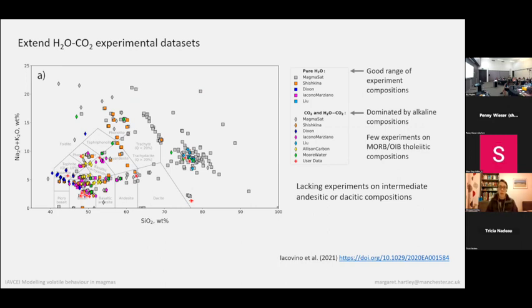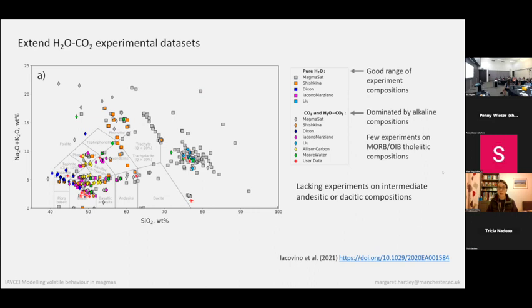For CO2 and for mixed water-CO2 fluids, if you're working in basalt space, you're very well served if you're working on alkaline compositions, but there are rather fewer experiments on MORB and OIB tholeiitic compositions. The closer that the experimental model matches the composition of your system, the better your outputs are going to be. So some more experiments in this compositional space would be great.